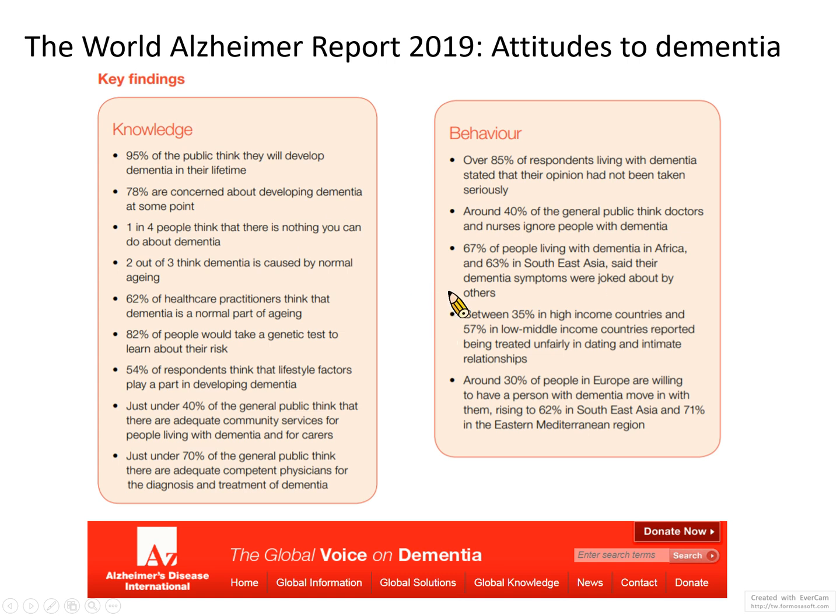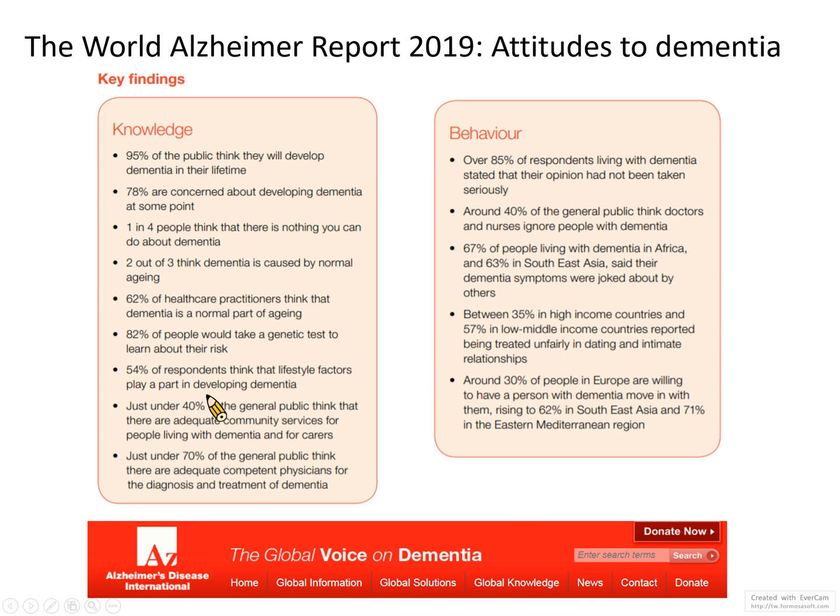For example, in the layperson or general population, 95% of the public think they will develop dementia in their lifetime, and 78% are concerned about developing dementia at some point. And most importantly, you can see that the medical resource for dementia is not enough.